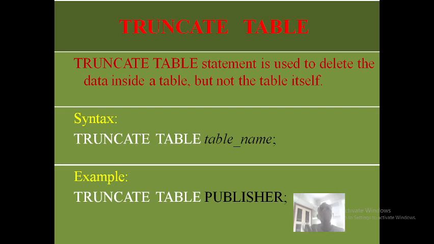If I want to delete only the values of that table, use this truncate table statement. What is the syntax? Truncate table, then the table name, ends with a semicolon. For example, if I want to delete all the values of a publisher, see this example.